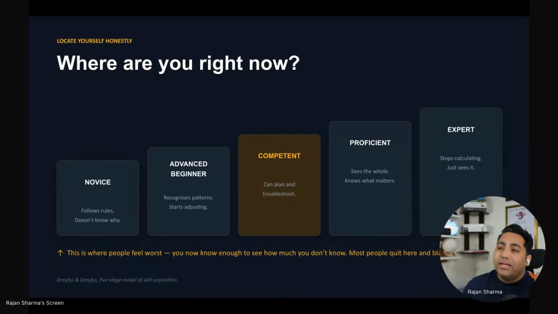There are two things about this map. First, most of you may be starting your career now. So novice or advanced beginner is completely normal for people who are starting their career, and if you fall in that category, you are in a good place.